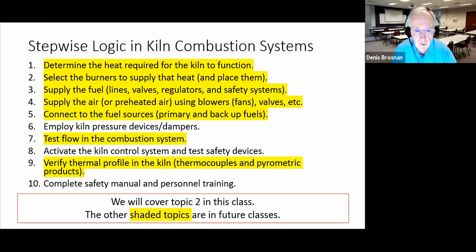Number two is select the burners to supply the heat and place them in the furnace. We're going to talk about burners today. Later on, we're going to talk about supplying the fuel, meaning the lines, which is what I refer to as the plumbing, valves, regulators, and safety systems. So that will be next week. Supplying the air next week. We're going to get into controlling the fuel sources after that.